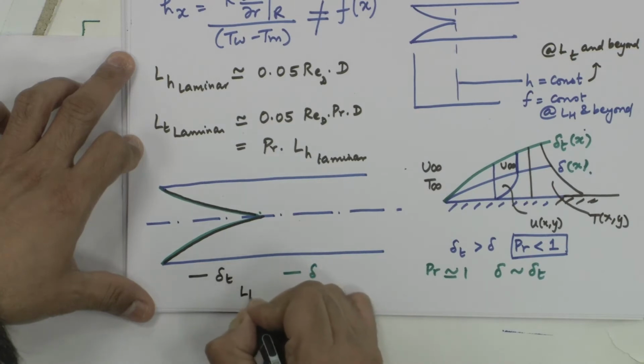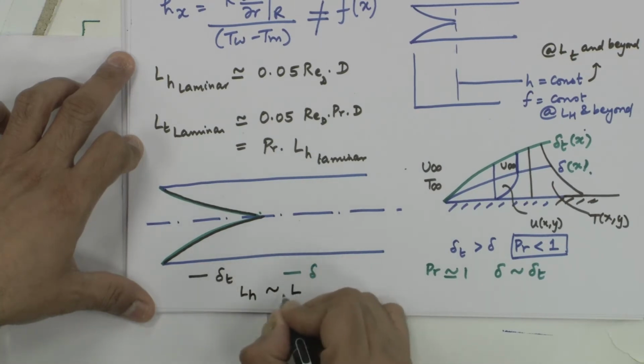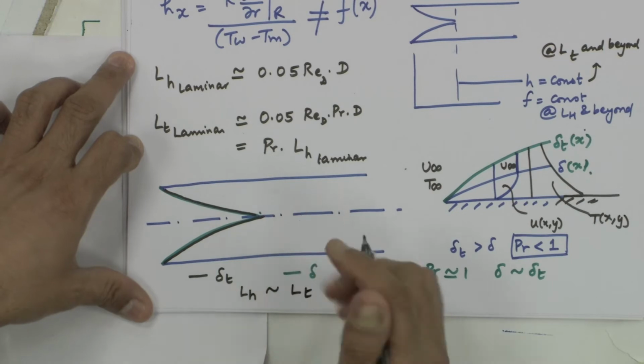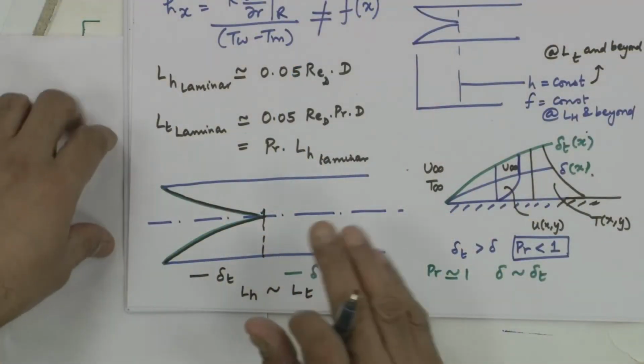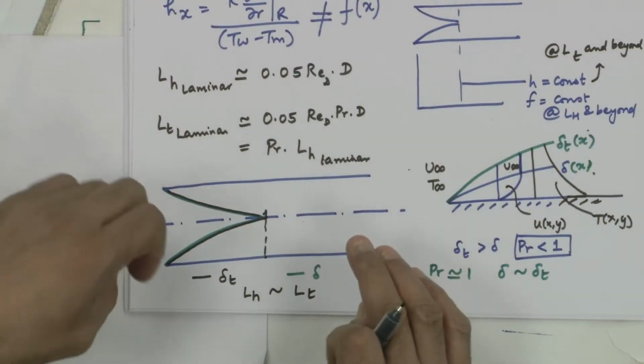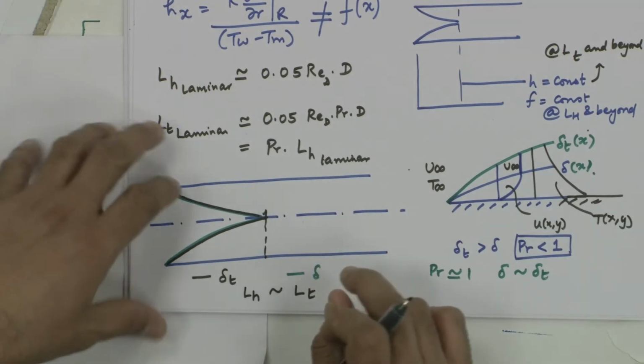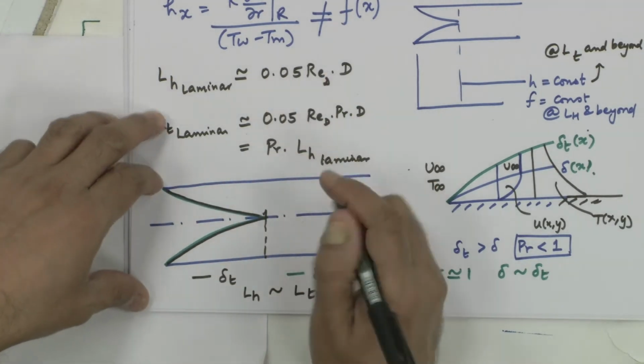So, L hydrodynamic is almost equal to L thermal. In this case, it is virtually the same. Prandtl number is approximately equal to 1. What does this mean? This means that the location where the flow is hydrodynamically fully developed is the same as the location where the flow is thermally fully developed. So, beyond this point, velocity.